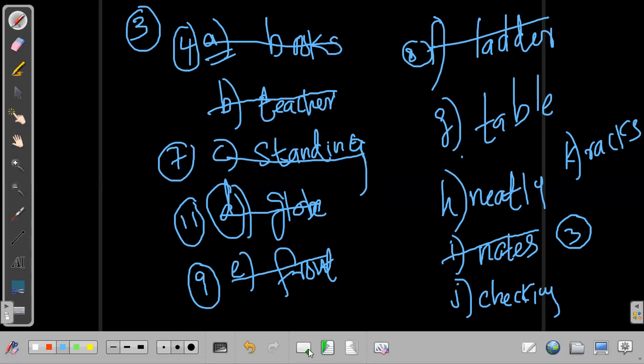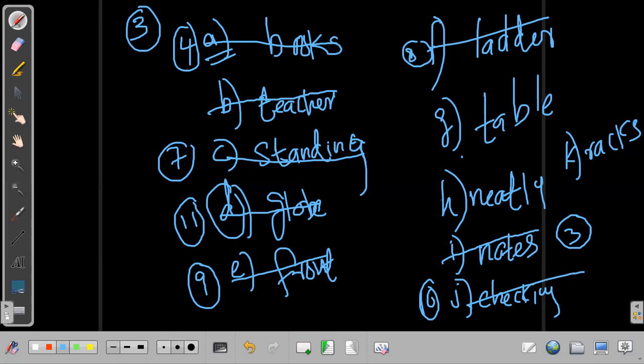Now table is some library cards. She's dealing with some library cards, and there should be a verb with ing in it. Table, racks, neatly. That's right, checking. It has to be checking, okay? So number 10 should be J. Okay, some library cards. There is a globe on a table, as we have correctly done that.